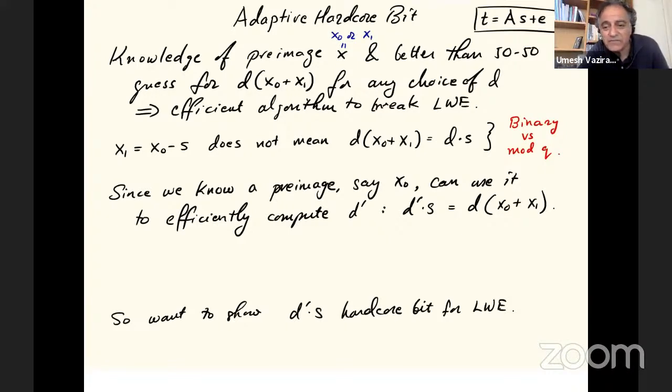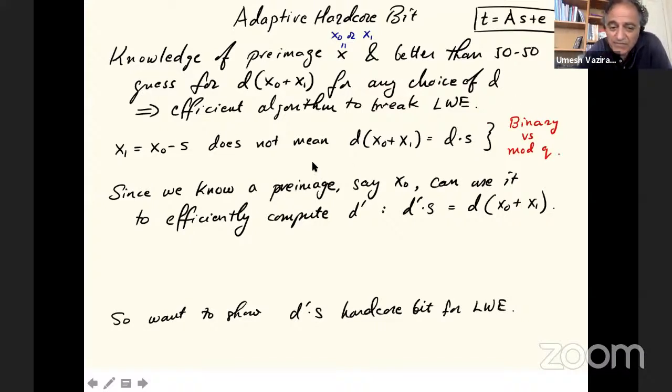Okay, so again, since x1 equal to x0 minus s does not mean that d times x0 plus x1 is equal to d times d dot s, right? That's binary versus mod q.